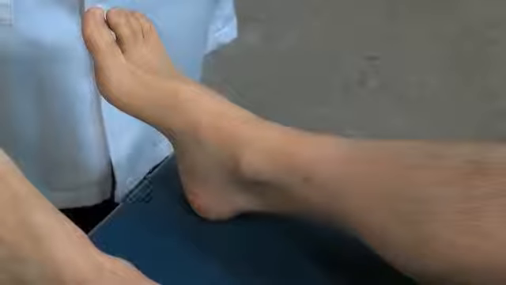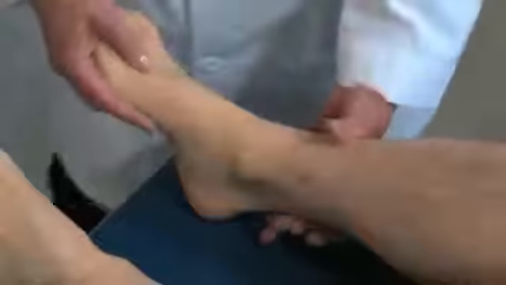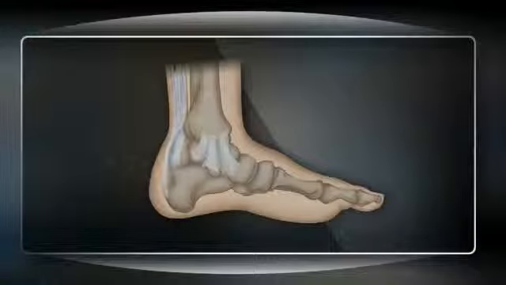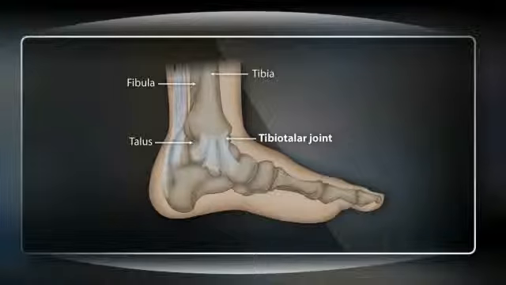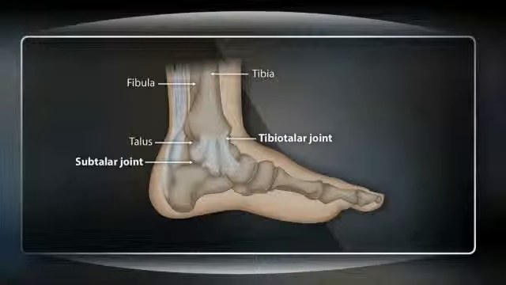Before examining the patient's ankles and feet, let's review the anatomic structures that are important to your assessment. The ankle is the hinge joint formed by the tibia, the fibula, and the talus. The principal joints are the tibio-talar joint and the subtalar joint.